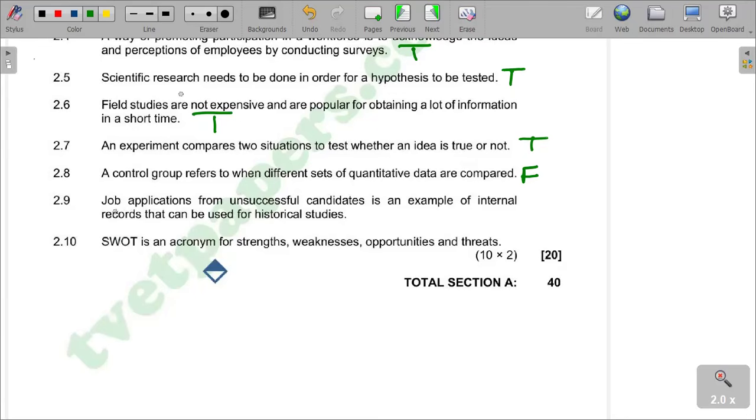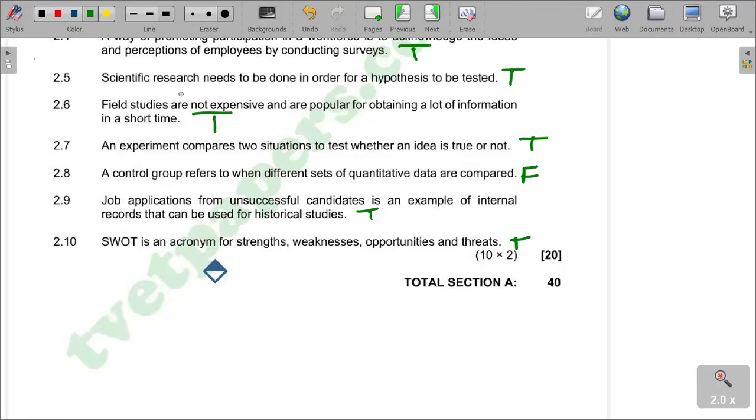Job applications from unsuccessful candidates is an example of internal records that can be used for historical studies. That's true. And then SWOT analysis is an acronym for strengths, weaknesses, opportunities, and strength.